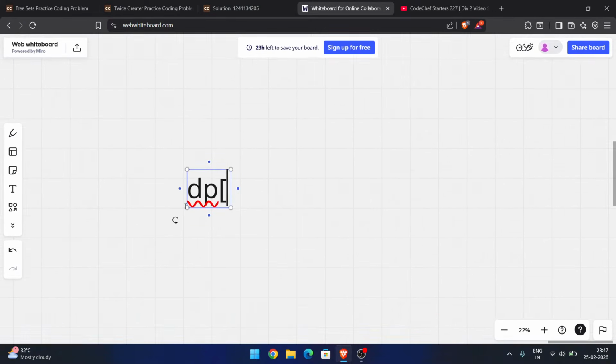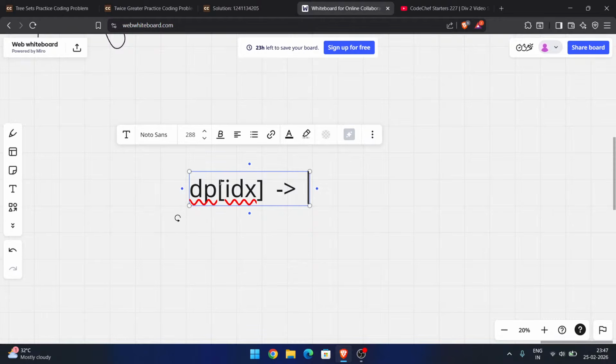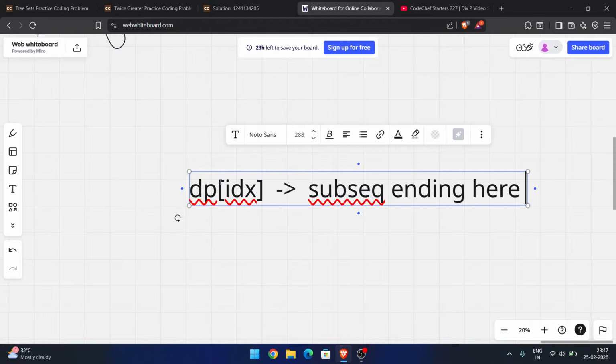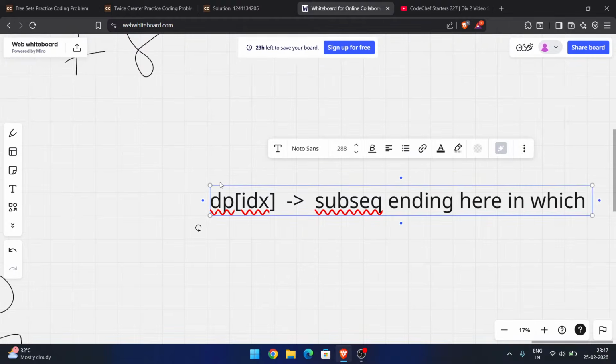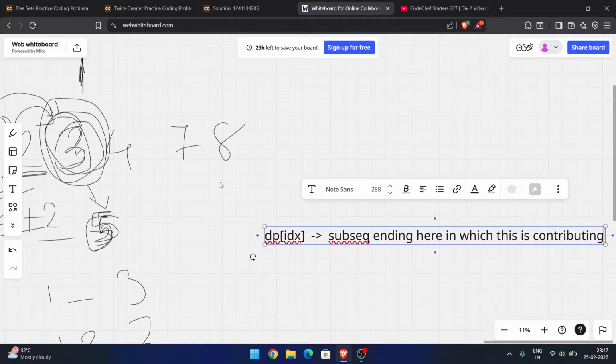Let's say I store the answer in dp. So dp at index i, what would it store? It would store the subsequences ending here in which this is contributing. If this is contributing, then let's say the next index was, what would be the next index?